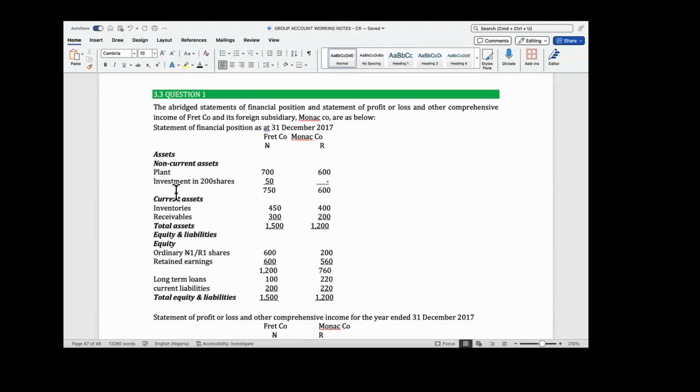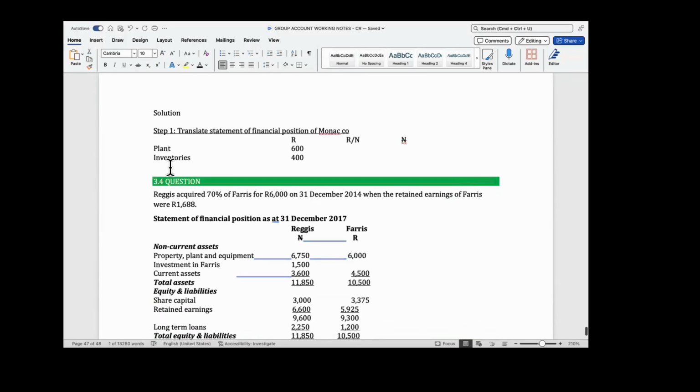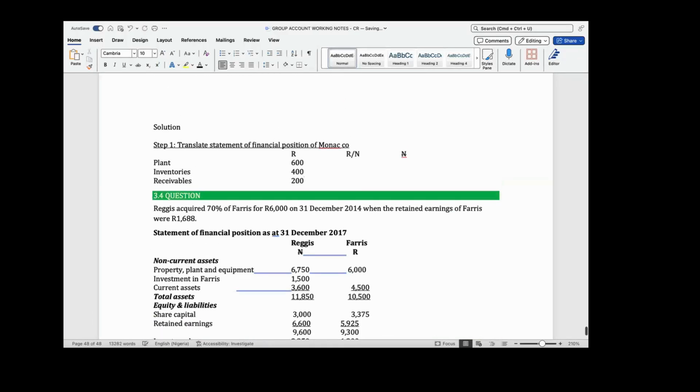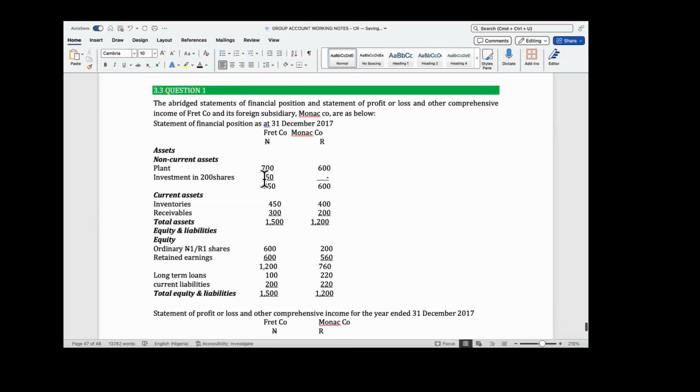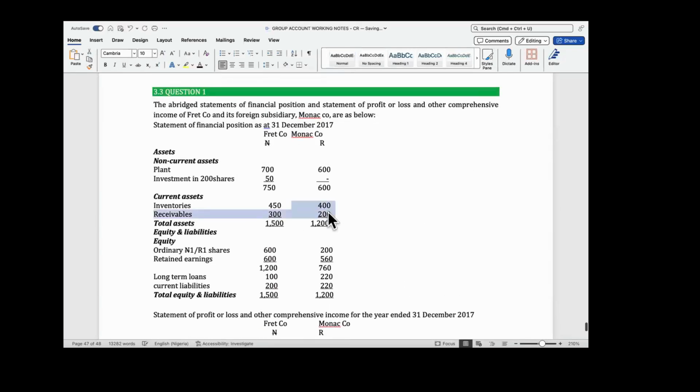The next item is receivables. And how much? 300. 200. It's 300. Okay, 200, sorry.